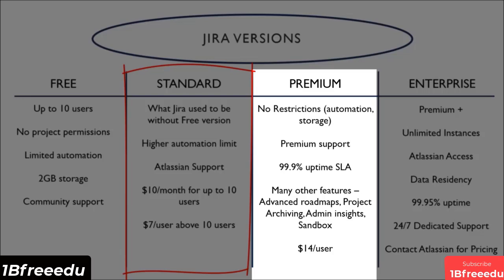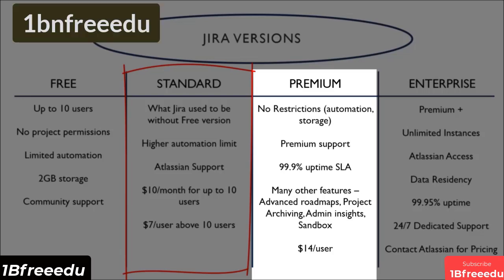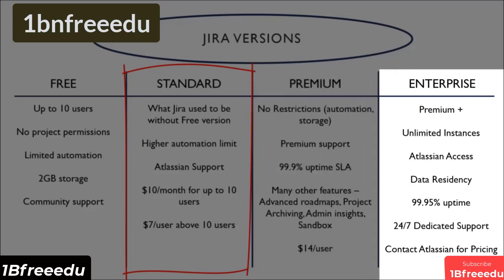I can definitely see the appeal in premium, but it is more expensive. I wish they also had a 10-user tier where you pay a fixed amount just like we have for Jira Standard, but that's not the case for Premium, and you have to pay on a per-user basis even if you have one single user.